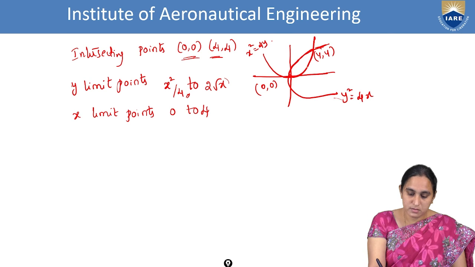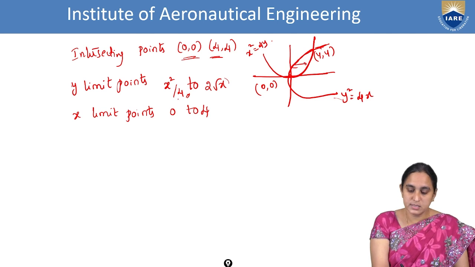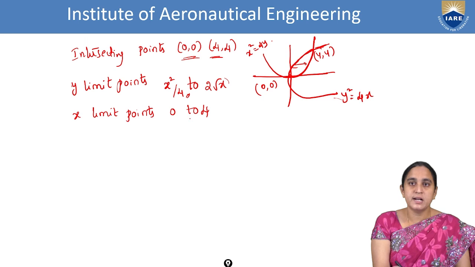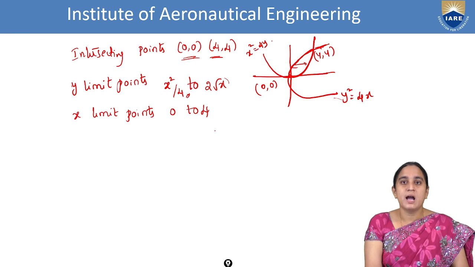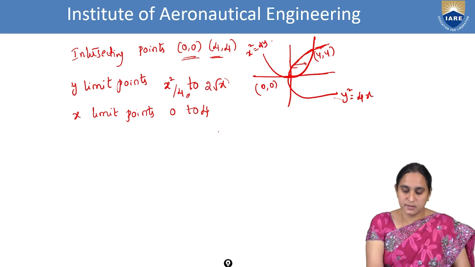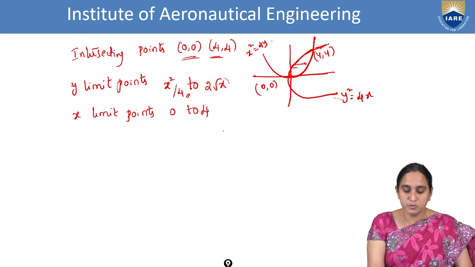This is the lower limit and this is the upper limit, that is x square by 4 to 2 root x. The y limit points are x square by 4 to 2 root x and the x limit points are 0 to 4. That means for this question, I'll fix the x limit points as constants and the y limit points vary from x square by 4 to 2 root x.